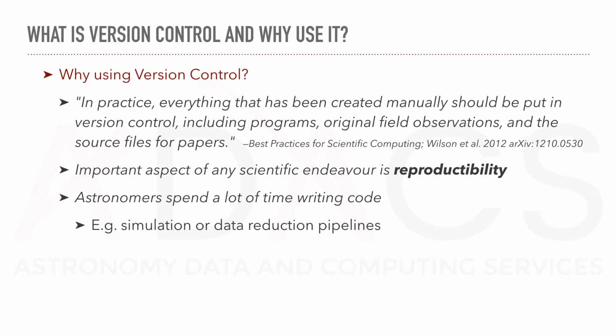Why use version control? Because it enables better reproducibility. For example, astronomers write more and more code every year. Keeping track of changes means we can reproduce results generated in the past.